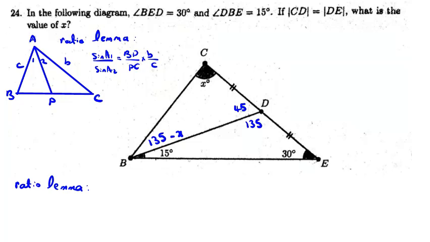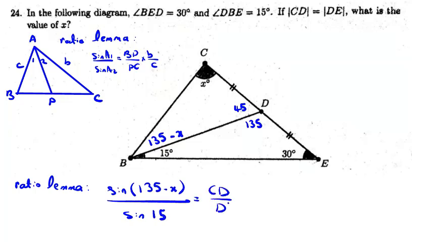Now, here we want to use ratio lemma. Sine 135 minus x over sine 15 will be CD over DE, which equals 1 times sine x over sine 30.